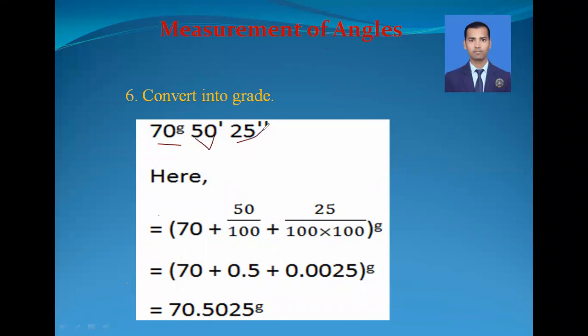That's why 70 plus 50 divided by 100 to convert minute into grade. Then 25 is divided by double 100. Okay. Then after 70, when 50 is divided by 100, we get 0.5. And when 25 is divided by double 100, we get 0.0025.